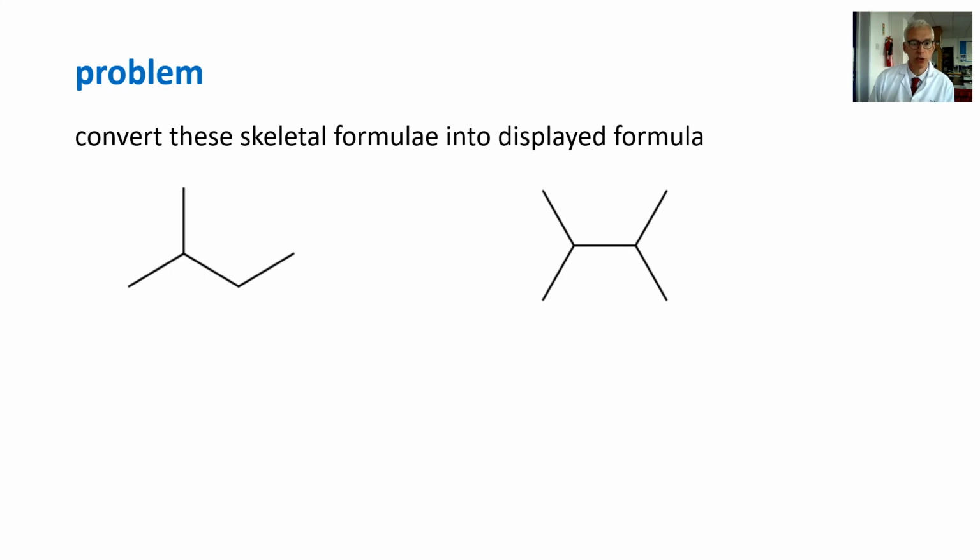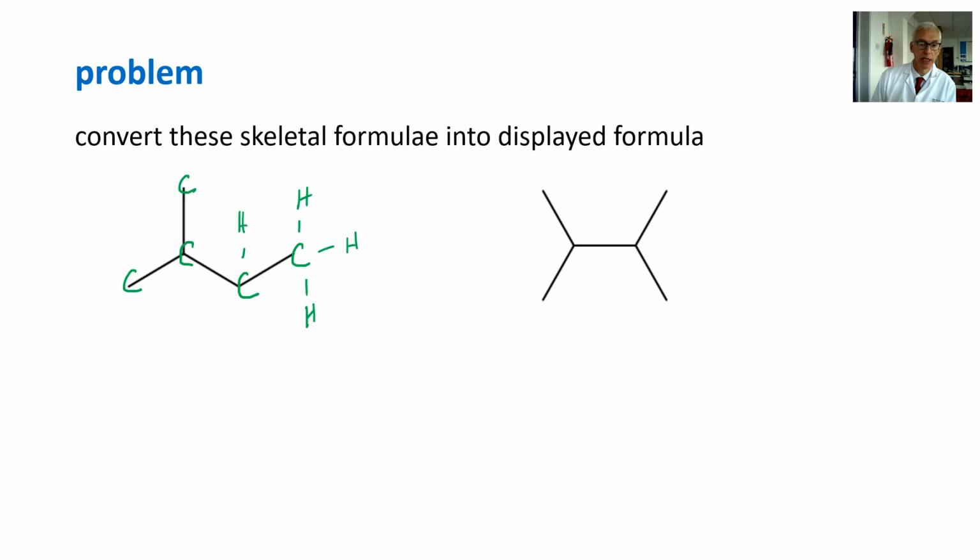So if I do this slowly and methodically, I can add in the carbons that have not been drawn in the skeletal, and then I can add in the hydrogens, bearing in mind that every carbon must have 4 bonds.